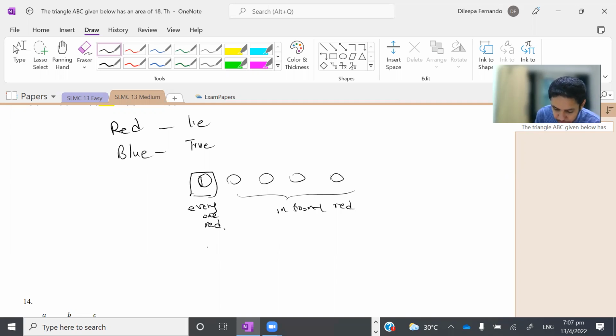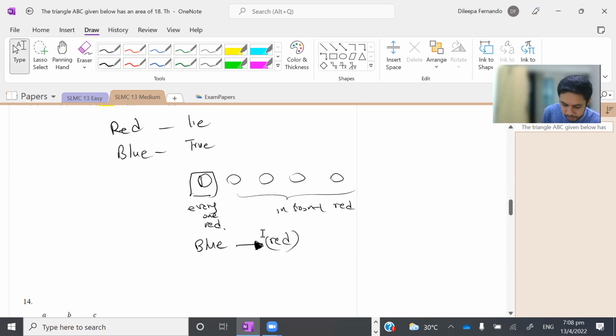So let's assume that the first person, the person in front, is blue. If he is blue, then he says everyone behind are red. So this is something true. But the problem is the red person.